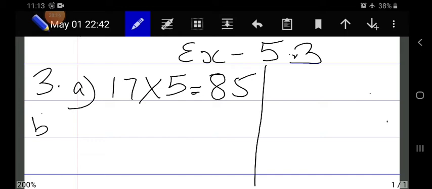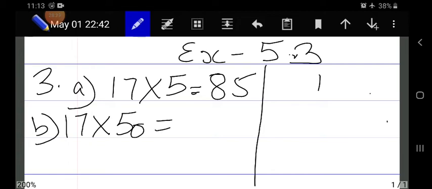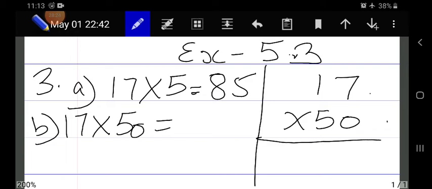Now next part, B part is here. 17 multiplied by 50. So you have to find out 17 multiplied by 50. As I have told you, just put the 0 in the product or in the solution and do the rest of the sum. So I have put this 0 here. Now we will multiply 17 with 5.